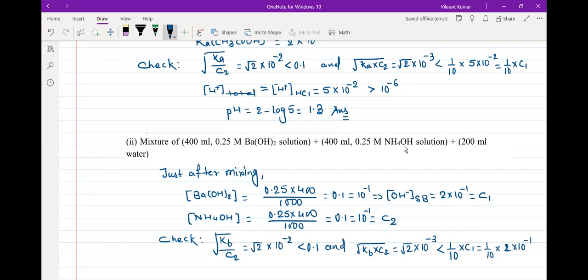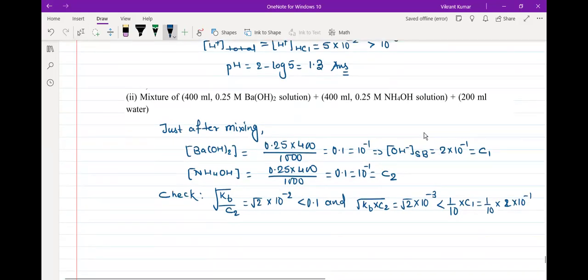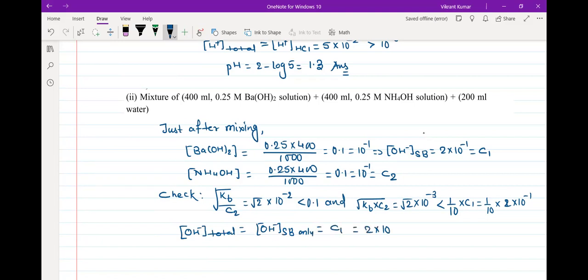Definitely that is less. And after this, we can directly write that OH minus total will be OH minus from the strong base only, which is C1 only, and that is 2 into 10 raised to minus 1.